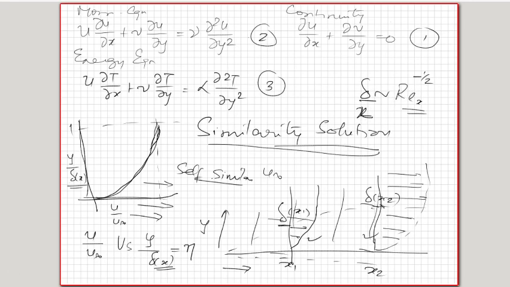So let me do that. The similarity variable y by delta. So eta is y divided by delta of x, which is equal to y divided by x into Re_x to the power of minus half.